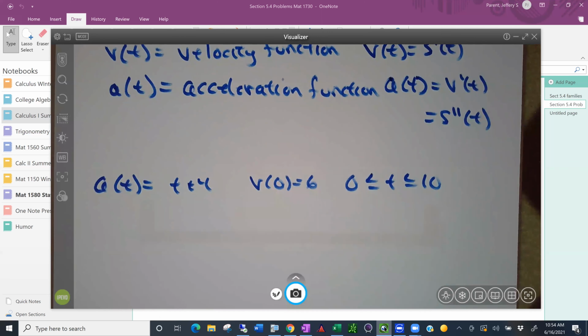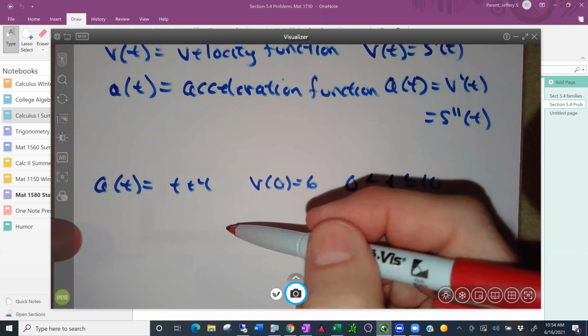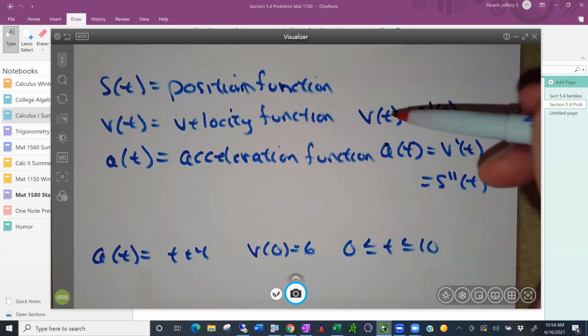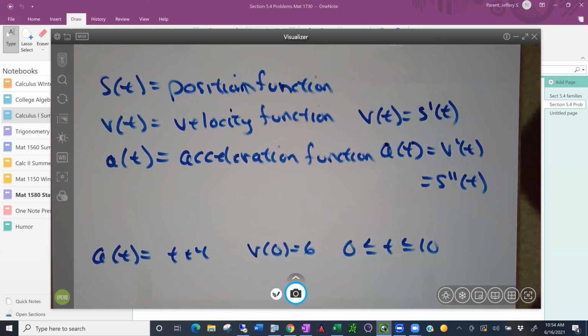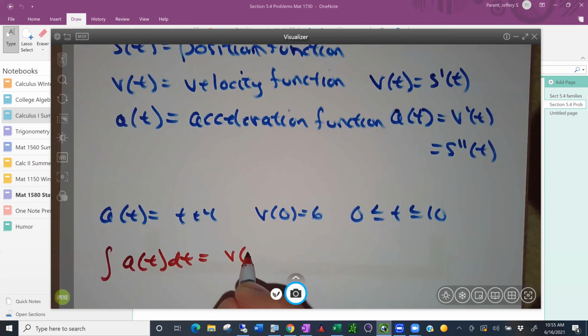In order to get the velocity function, I've got to take the antiderivative of A of t. So if I integrate A of t dt, that gives me the velocity function plus a constant.